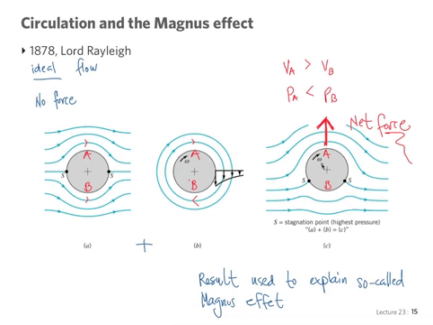A force which, depending on the spin, can point upwards or downwards or sideways and cause a change in the trajectory, an increase in range, a reduced range, or a bending, either one. Yes?